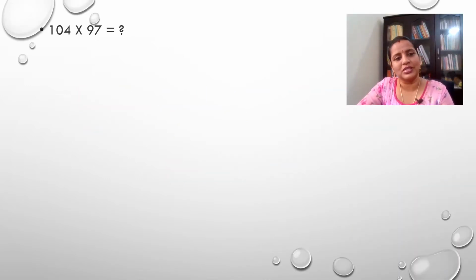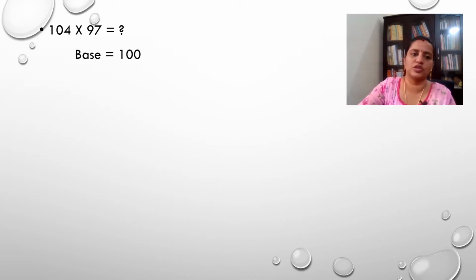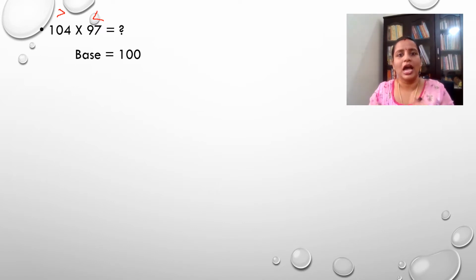The first problem is 104 into 97. Both 104 and 97 are closer to the base 100, isn't it? Yes, and 104 is above the base and 97 is below the base. Next, I have to split my answer into two parts, the LHS and the RHS.